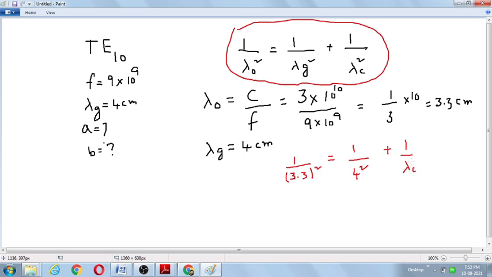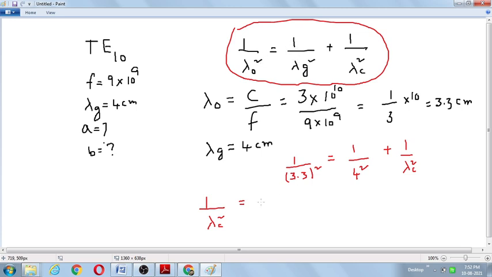So we have to calculate the lambda c value. How to calculate it? 1 by lambda c whole square is equal to 1 by lambda naught square minus 1 by lambda g whole square.